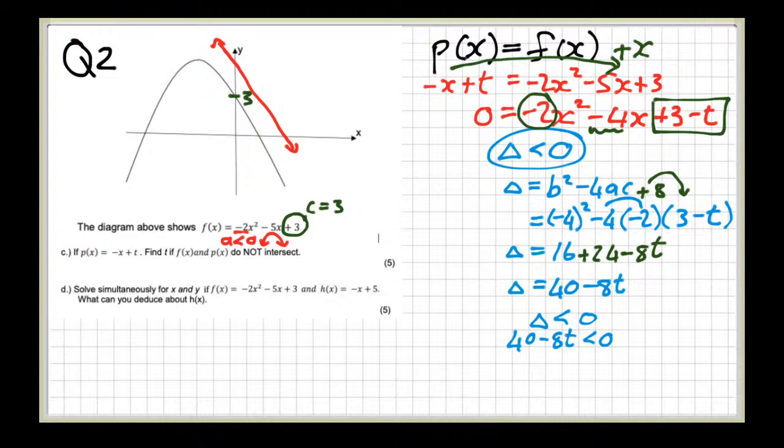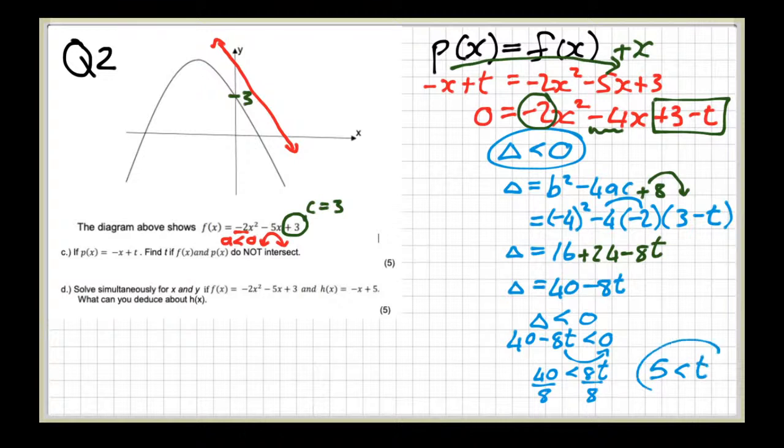Now you go and solve this. I'm going to solve it by taking the negative 8t over. So 40 is smaller than 8t. Divide both sides by 8, which means t must be, let me write it, 5 smaller than t.